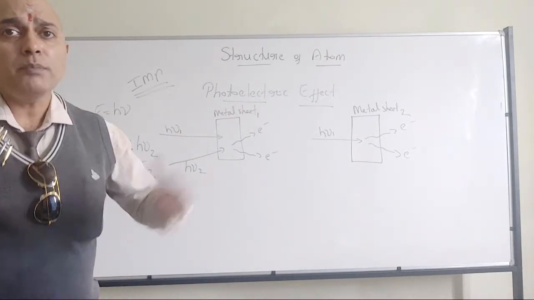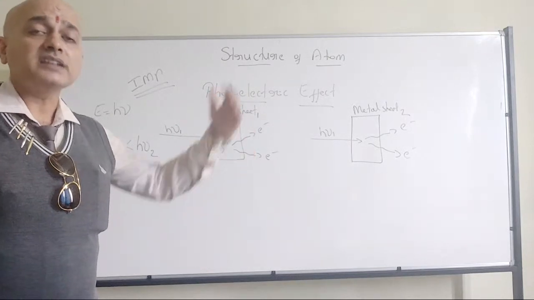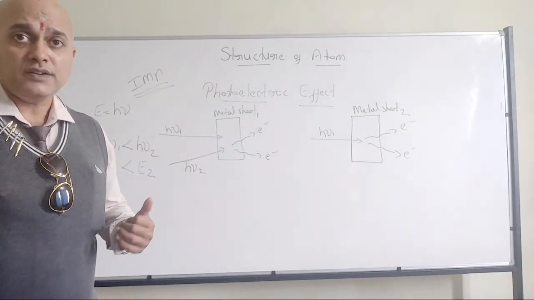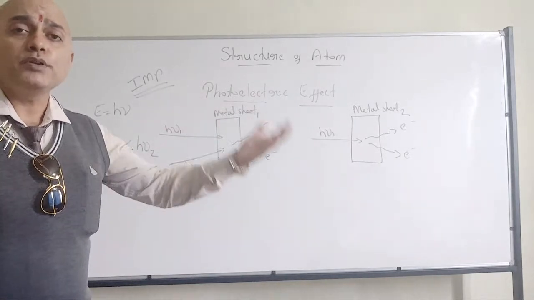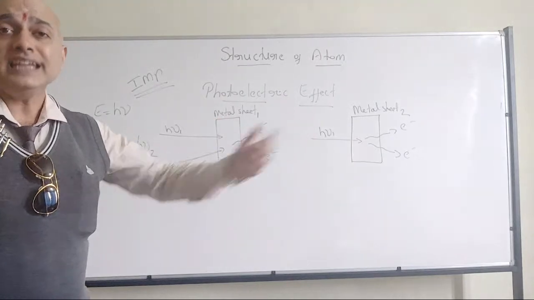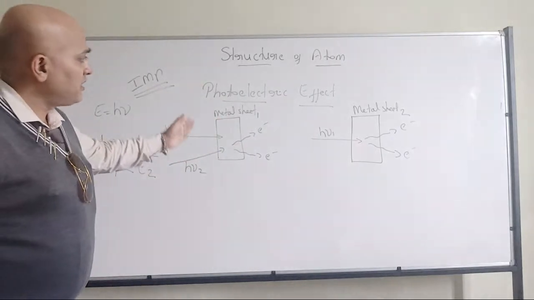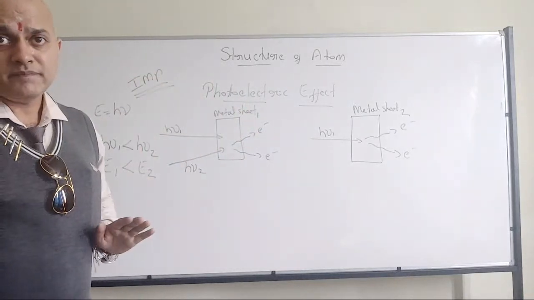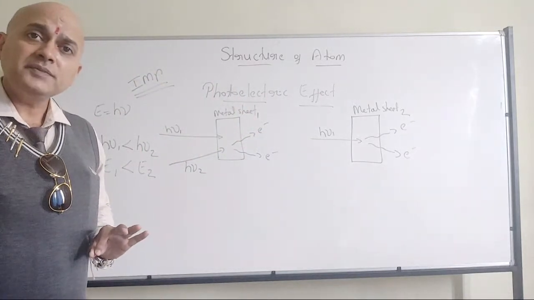It cannot be common. For sodium metal, some amount of radiation is needed to show the ejection of electron. For copper, some amount of radiation which cannot be the same as that of sodium is needed to eject the electron. So that's what we can understand from this particular statement. All of you have understood?